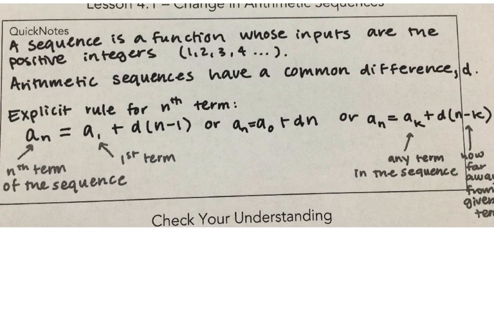So we've got, they use a different, like they use a sub 1 for the first term, which I've not ever seen this be a sub 1. I used a naught here.